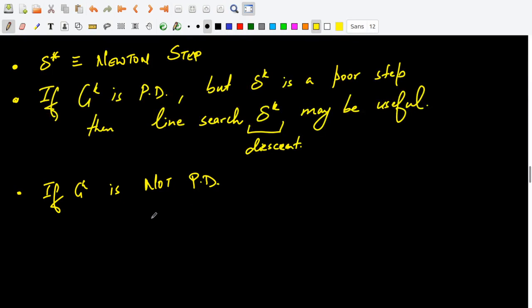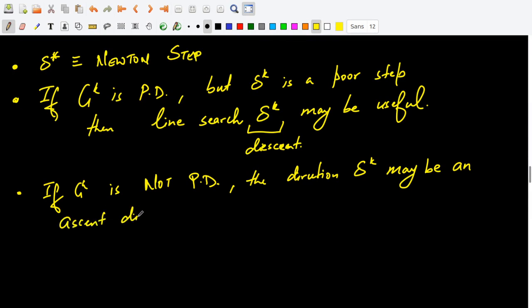Then the direction of delta k may not be, or maybe an ascent direction, and we may not want to go there. In fact, we can do line search in the negative of this direction.